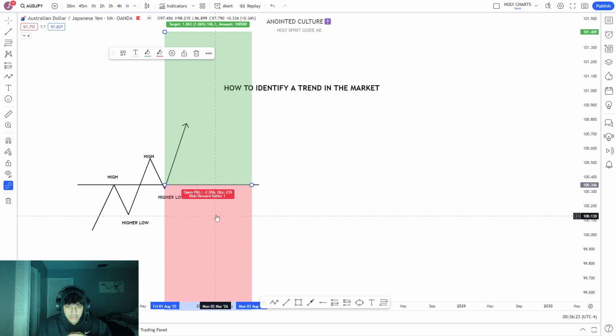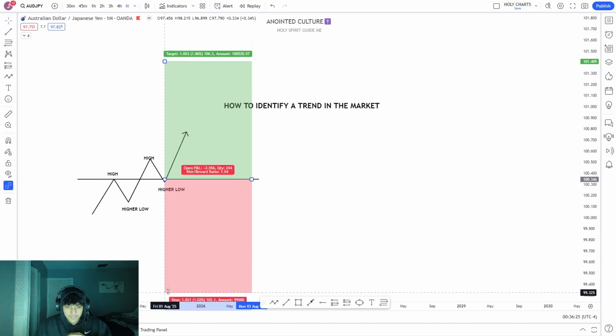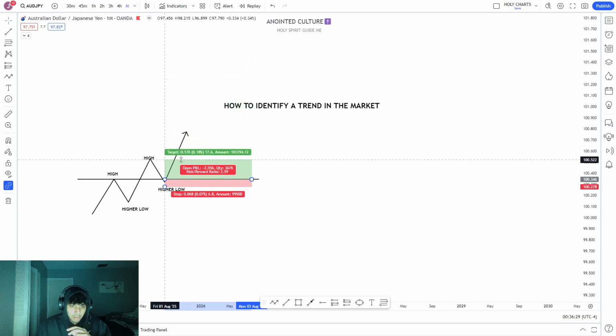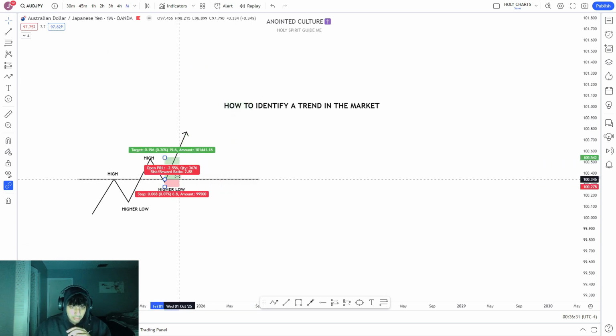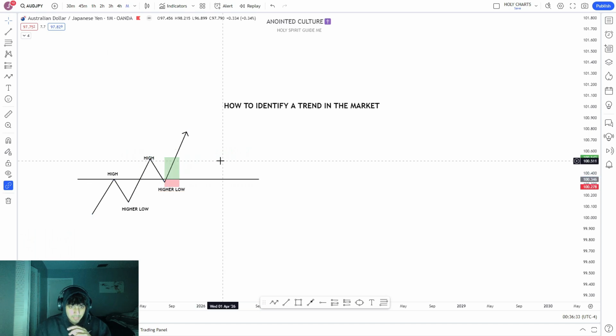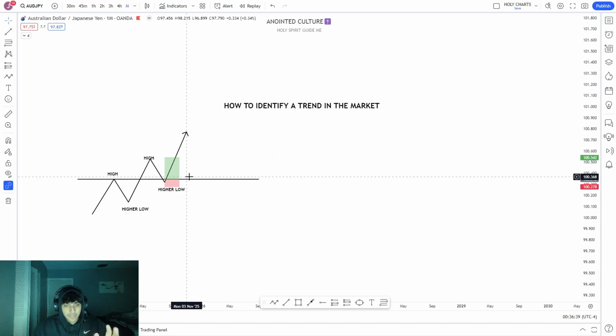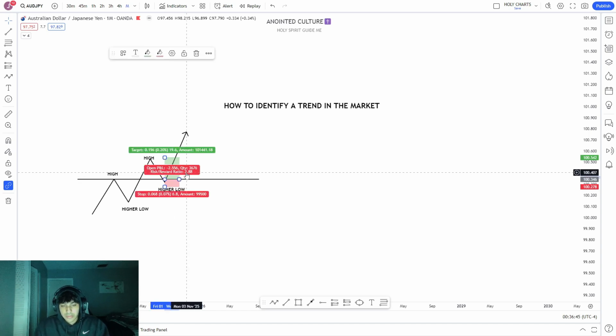Stop loss would be around the higher low, and then our take profit would be right there at the high. So we have the indication, correction, and then the continuation phase. That's basically what the person I learned from calls it, and basic simple price action, nothing crazy.